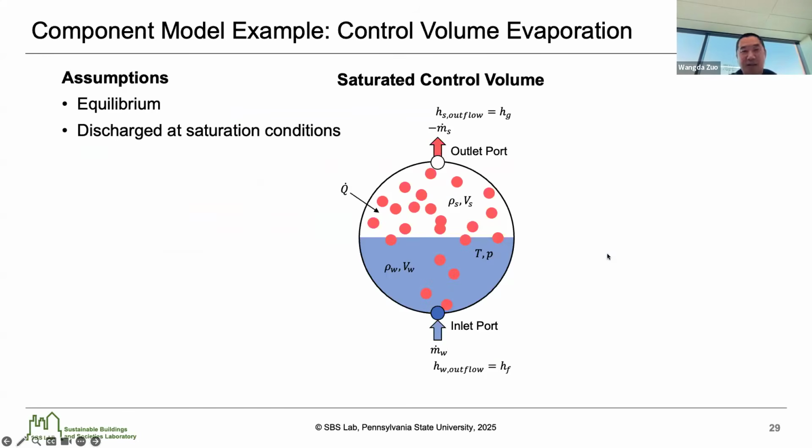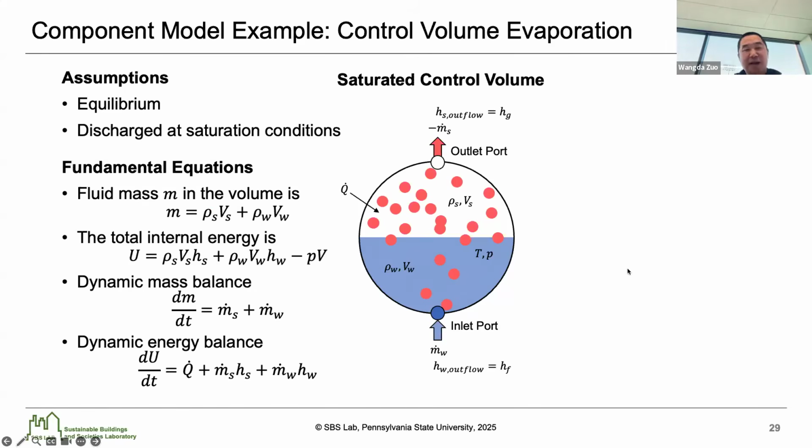So the entire work starts from fundamentals. Basically, what we're looking for is that for this boiler, we just make sure the system is in equilibrium and the level is discharged at the saturation conditions. Then we just need to satisfy the mass conservation and internal energy conservation, make sure the mass is balanced and the energy is balanced. So you can treat the entire control volume as a black box, right?